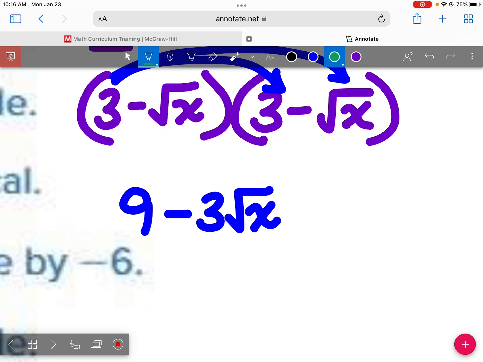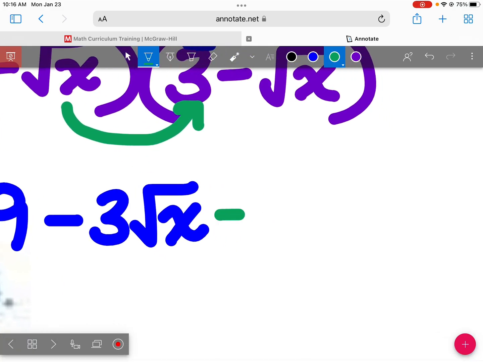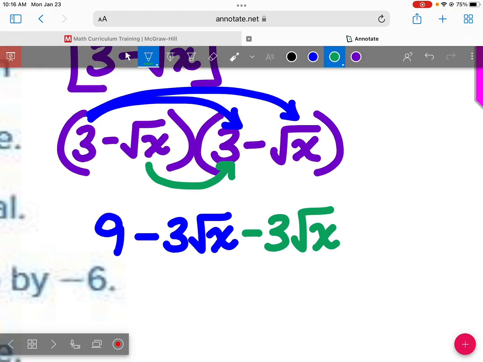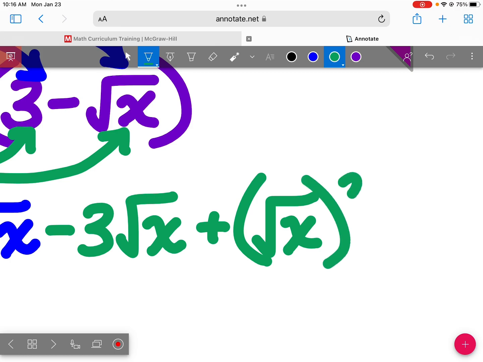Am I done distributing? No. I have to take this and distribute it now. Negative square root of x times 3, so another minus 3 square root of x. Negative times a negative is going to give me what? Positive, so this is plus the square root of x times itself.